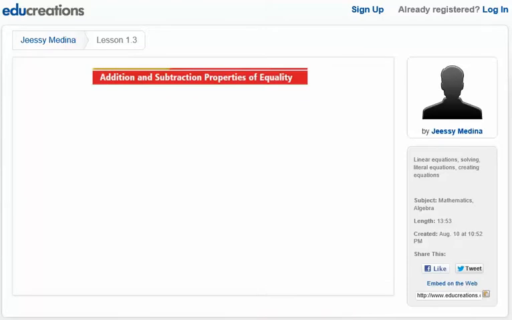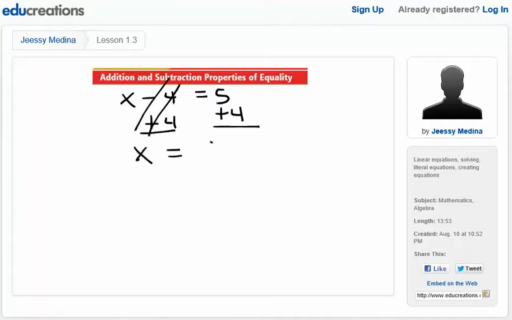So for example, if we have x minus 4 equals 5, because they're equal to each other, if we add 4 to both sides, we have not changed the equality. And this is the most important tool for solving. We know those cancel, so we have that x is equal to 9. And we can also do the opposite.